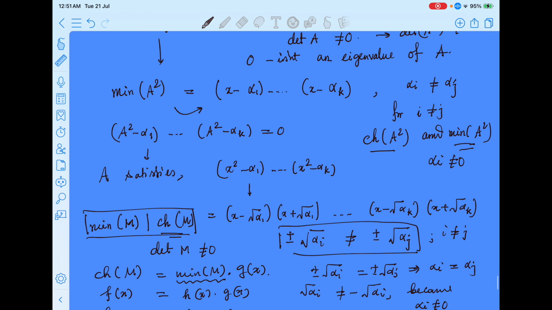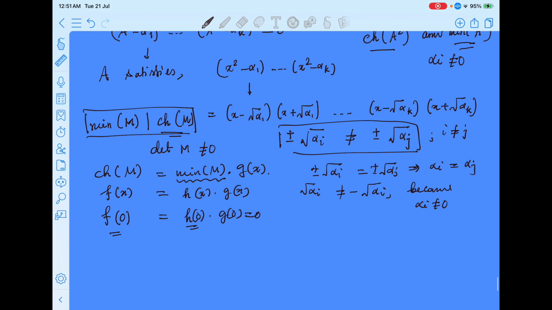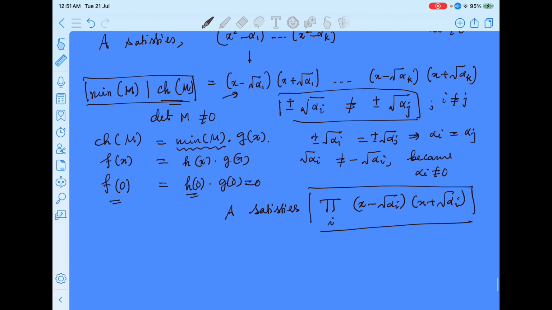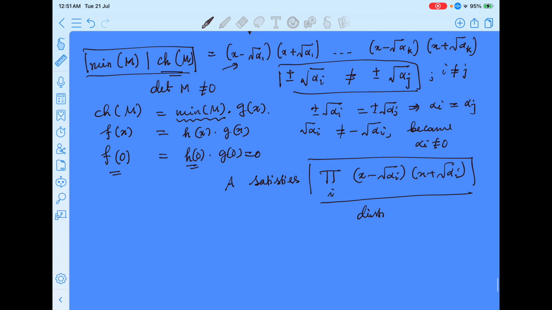So alpha i is non-zero, so that will imply that A satisfies this, right? It satisfies this product over i of (x minus root alpha i) times (x plus root alpha i). So this polynomial has all distinct linear factors.